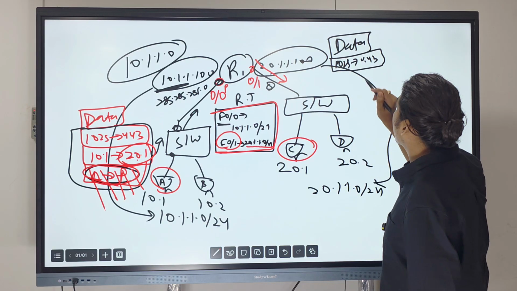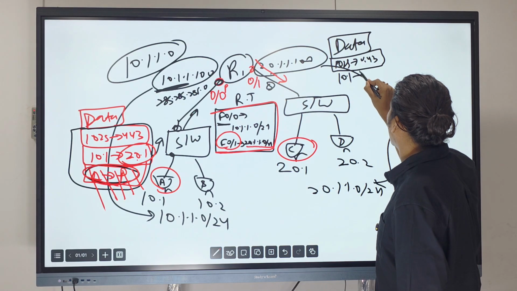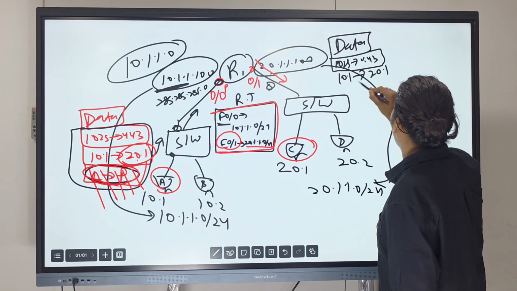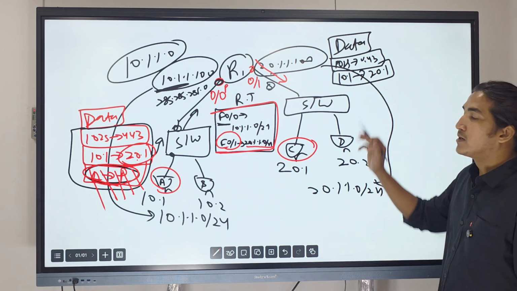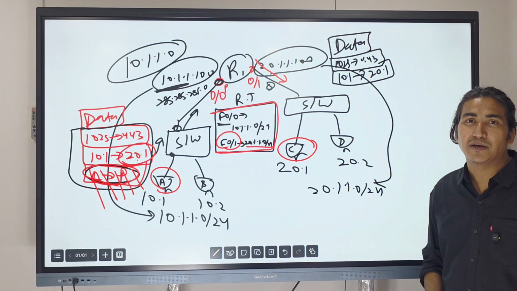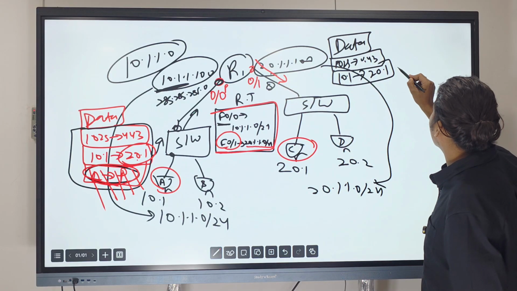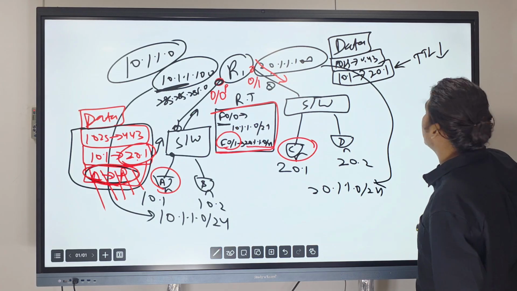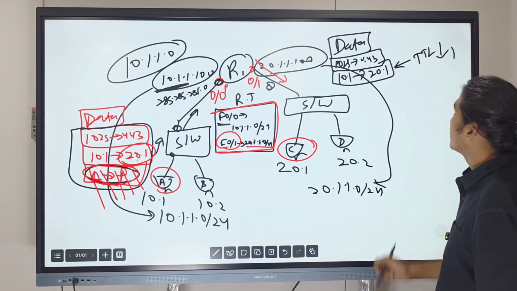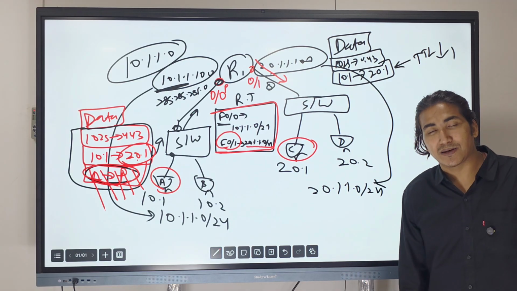It has only checked layer 3 information, source IP was 10.1, destination IP is 20.1. The router is not going to change anything in source IP and destination IP. The router will only change one thing in the IP header, that is TTL. It will decrement the TTL by 1.